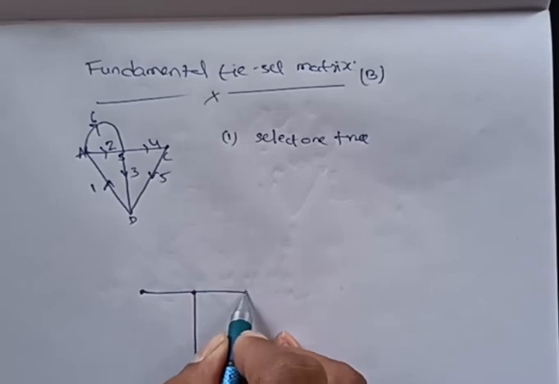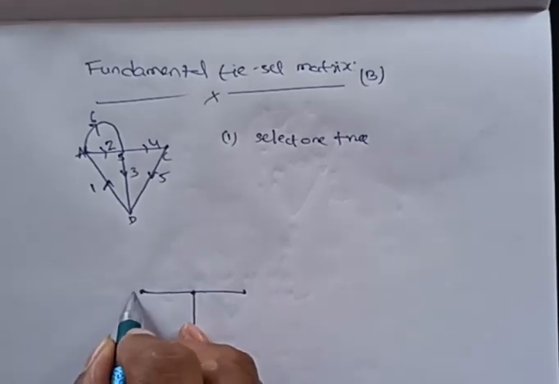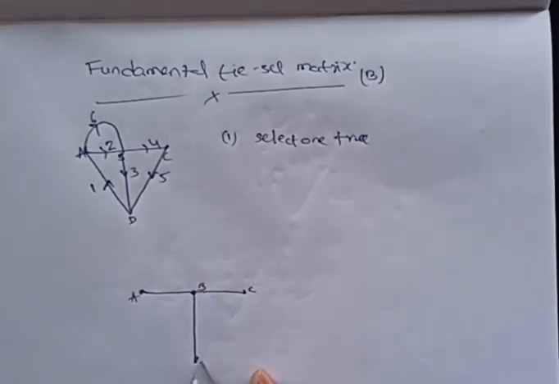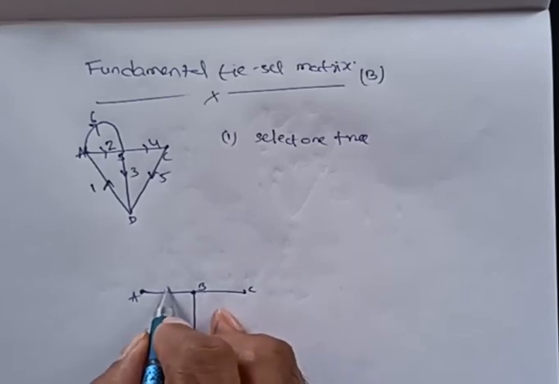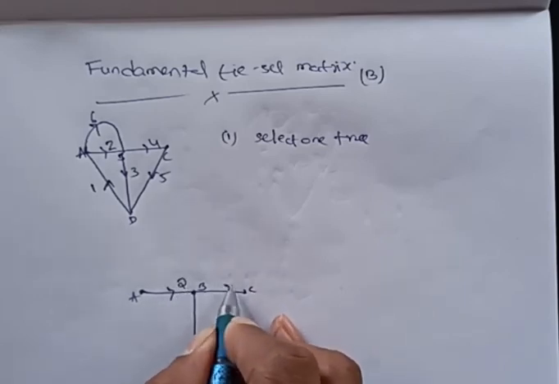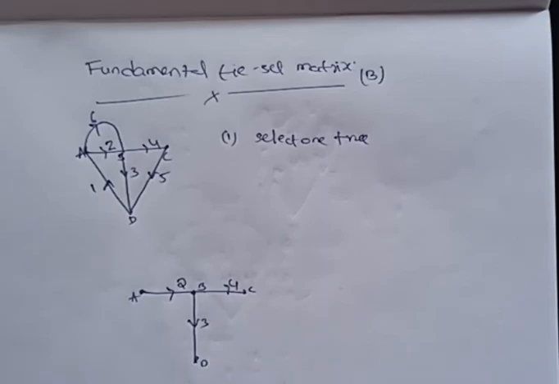Now I am assuming one tree. To form a tree we have to remove some branches. Those removed branches are called links. The branches which exist in the tree are called twigs. Here I assumed one tree having branches 2, 4, 3.